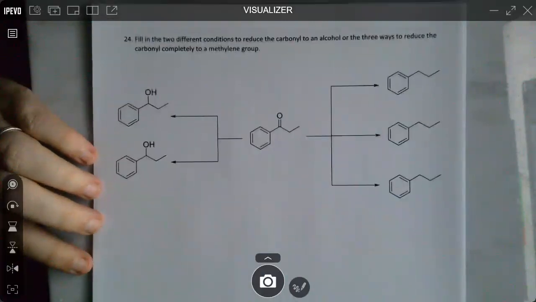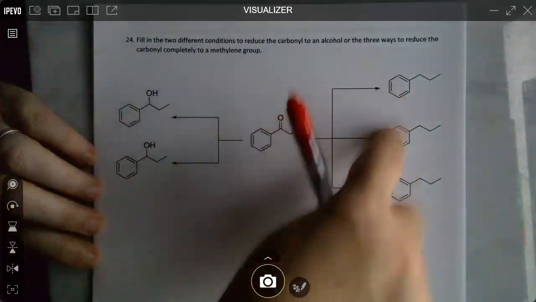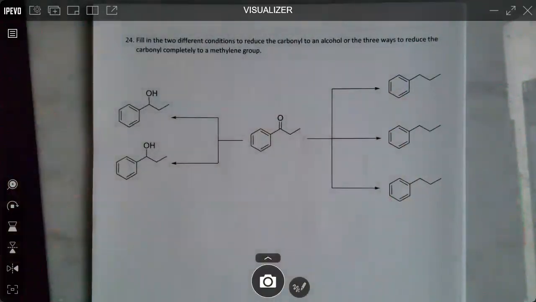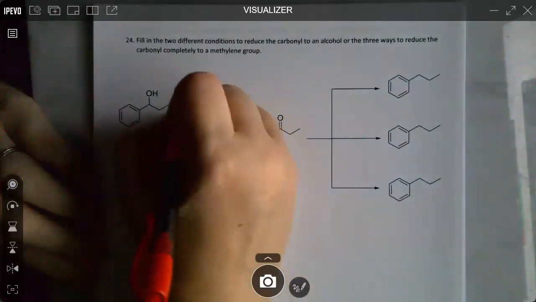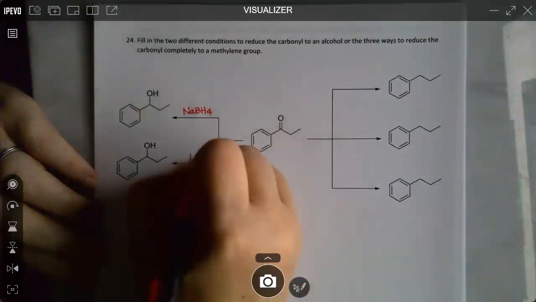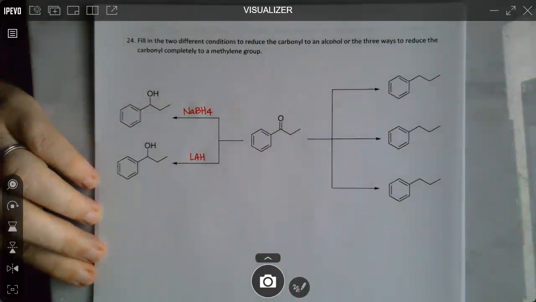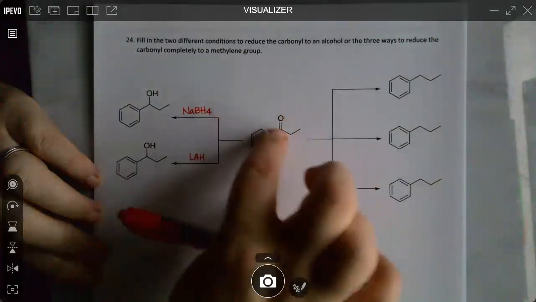Fill in the 2 different conditions to reduce the carbonyl to an alcohol, or 3 different ways to reduce the carbonyl completely to a methylene group. So some of these are review reactions. You might recall that we can use either sodium borohydride or lithium aluminum hydride with an acidic workup to reduce to the alcohol. And then there's 3 different ways you can completely remove the carbonyl.